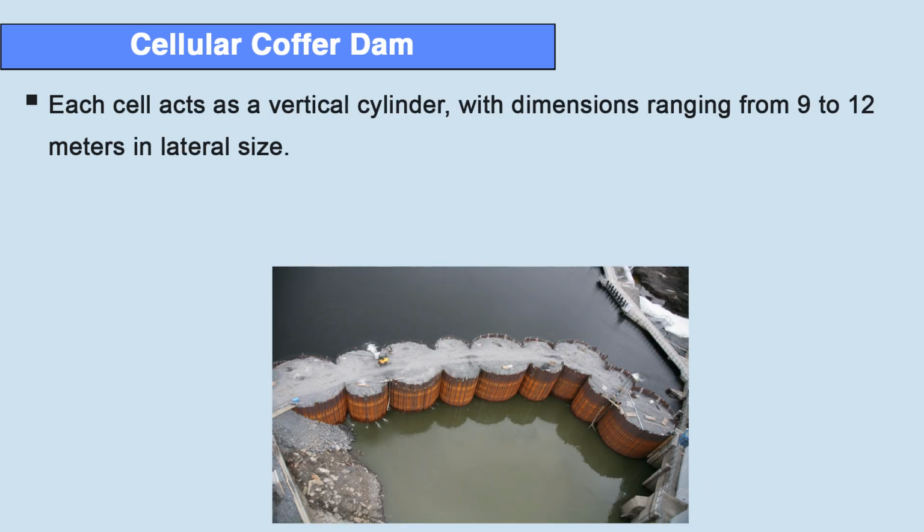Each cell acts as a vertical cylinder with dimensions ranging from 9 to 12 meters in lateral size. Cellular coffer dams are highly effective for moderate to large height requirements and can withstand significant water pressure.